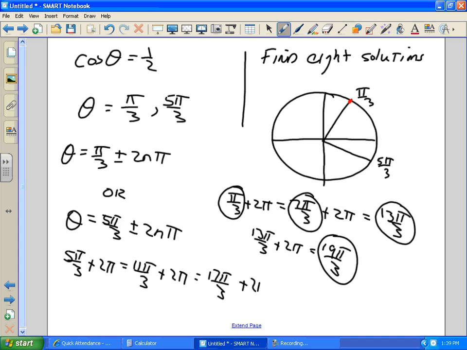Plus 2 pi is 23 pi over 3. That's 1, 2, 3, 4. There it is. There's 8 different solutions. Do you get that? Yes or no?